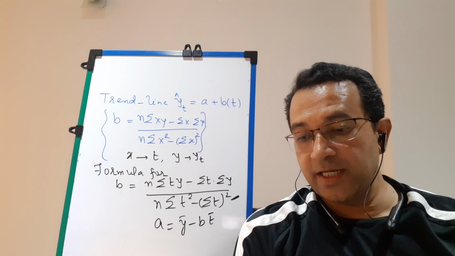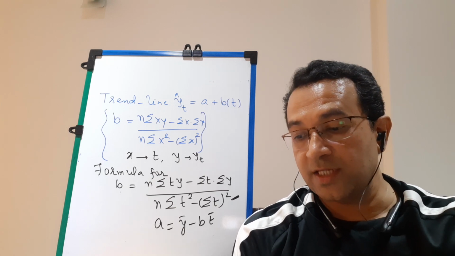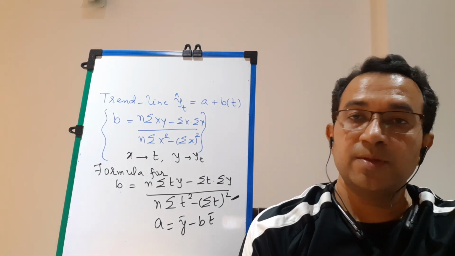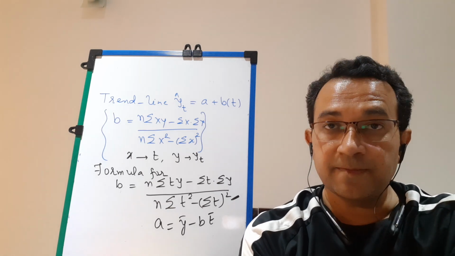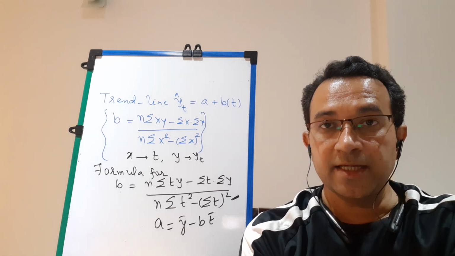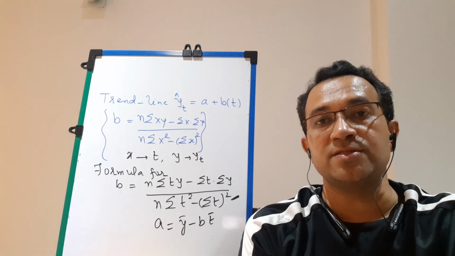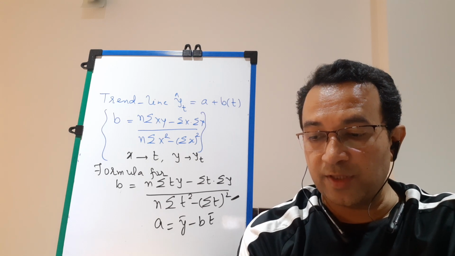Now let us take the merits of this method. This method is absolutely mathematical, hence future estimates do not change subjectively with the person. Everybody will get the same answer of b, everybody will get the same answer of a. So there is a universal trend line, and hence this method is not subjective with persons, it will always remain the same.